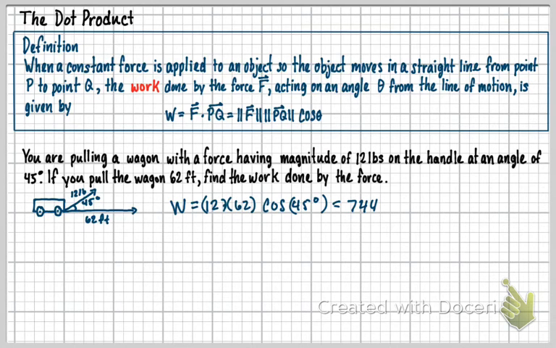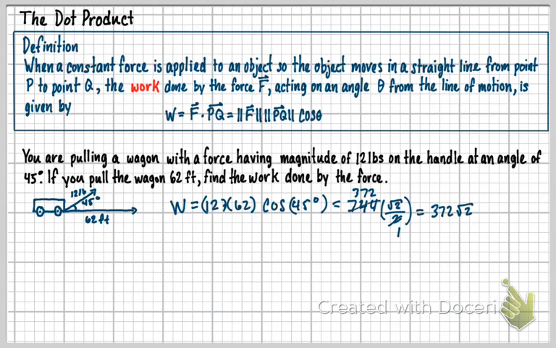And the cosine of 45 degrees is actually root 2 over 2. So if I wanted an exact answer for this, I could get it. And that exact answer would be 372 root 2, because this 2 and 744 would cancel, and this would actually just be 372. So this would be the exact answer, and I'm talking about work being done.